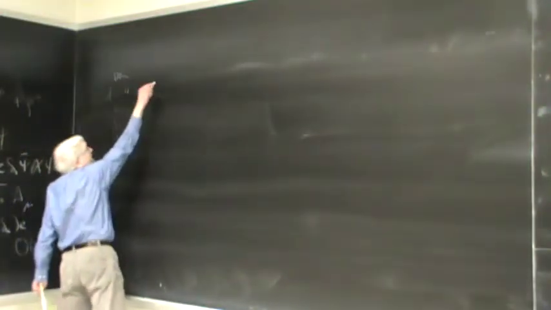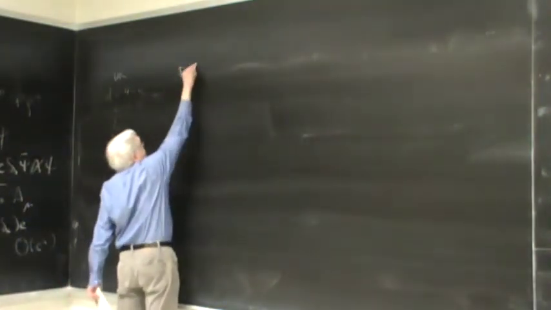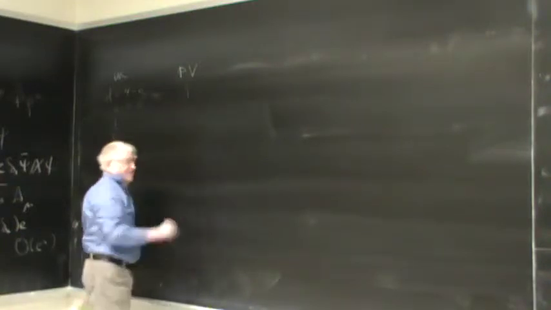Or rather, when we do the integrations, we'll find that we have singularities of the form 1 over epsilon. Those are the divergences. All of the divergences are related to 1 over epsilon. This is in dimensional regularization. In Pauli-Villars, we'll just have a hard cutoff, lambda. We'll be sending lambda to infinity.